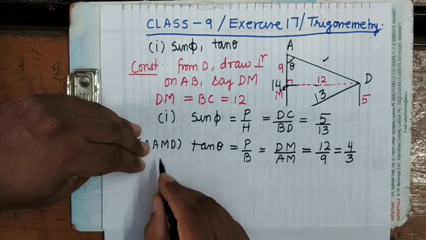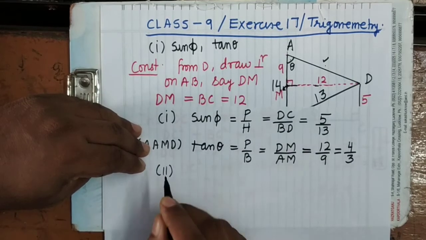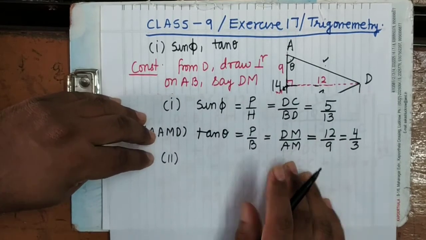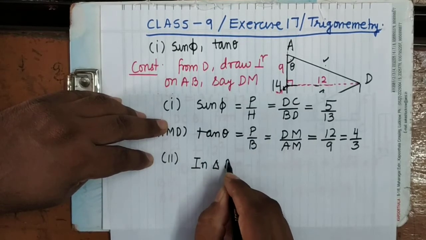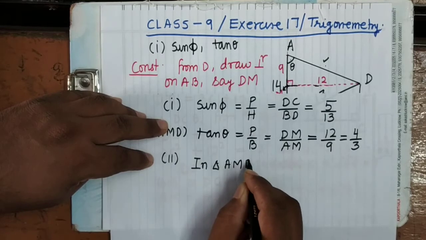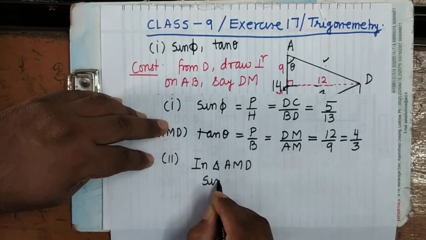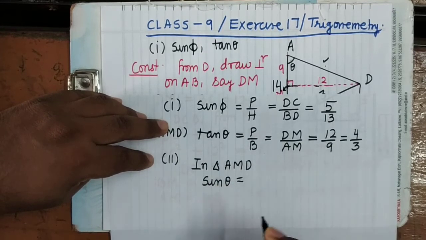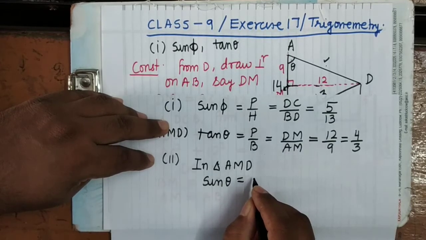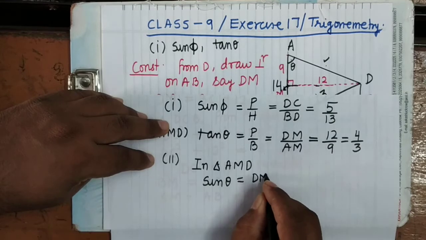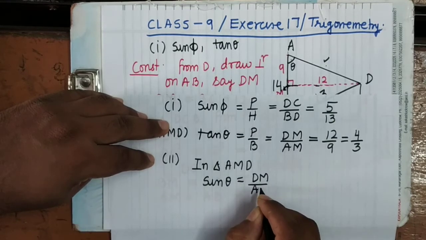Now, see here, as we know that hypotenuse comes in sine and cos. So, in triangle AMD, when you apply sine theta, it will be equal to what? It will be equal to perpendicular, that is DM upon AD.